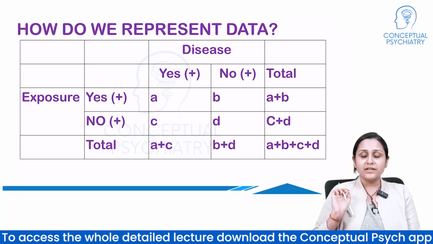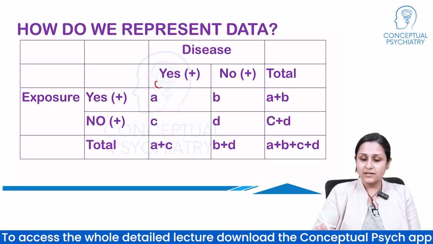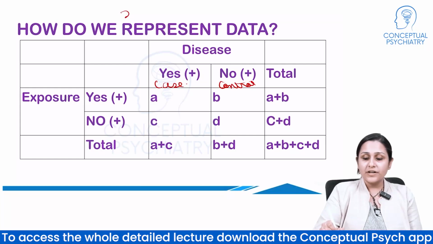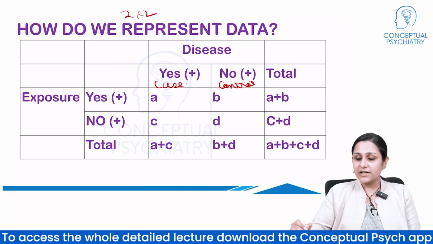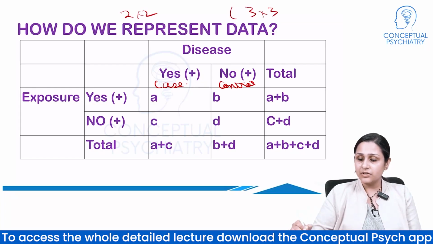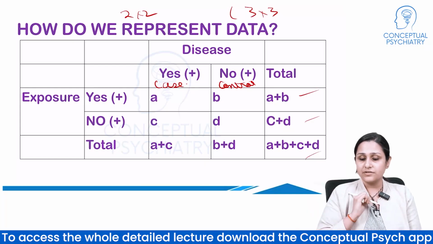How do we represent the data here? You first start off with the case and the control columns, because that is how we first identify them. All right, and it's a 2 by 2 table that we construct, but actually a 3 by 3 if we also take the totals into consideration.